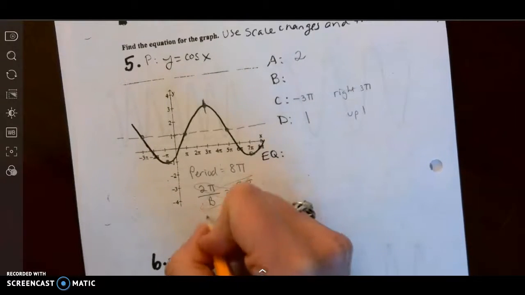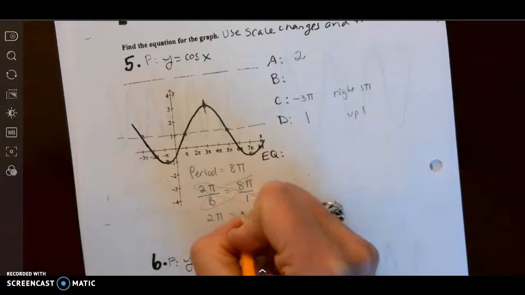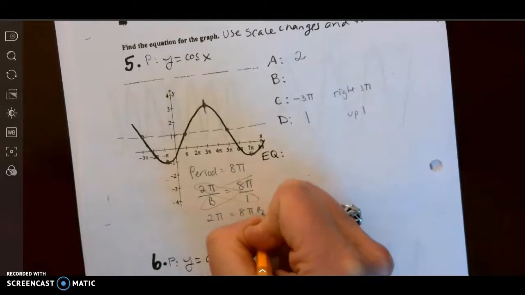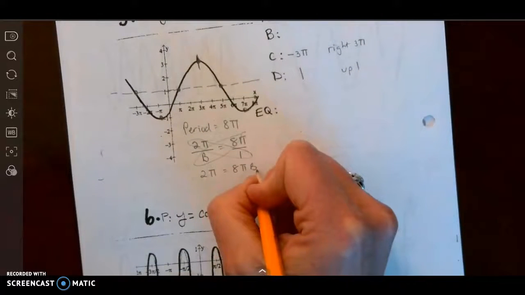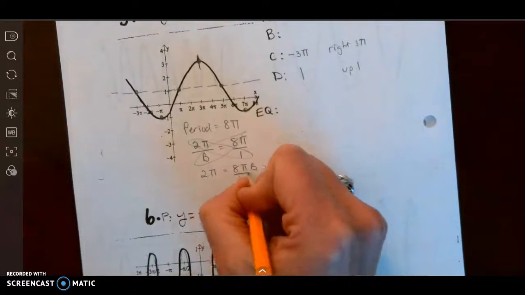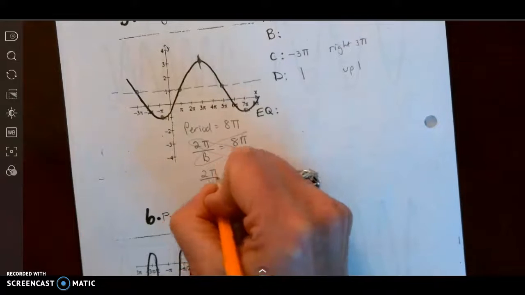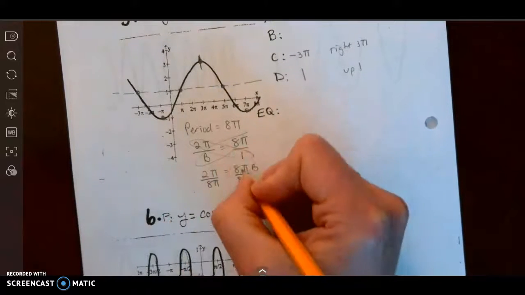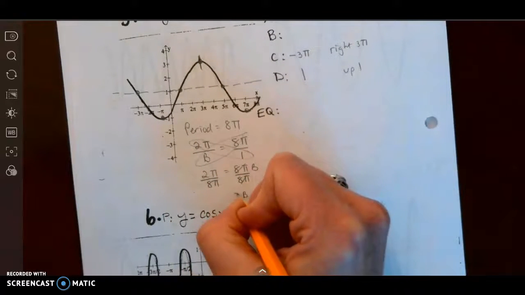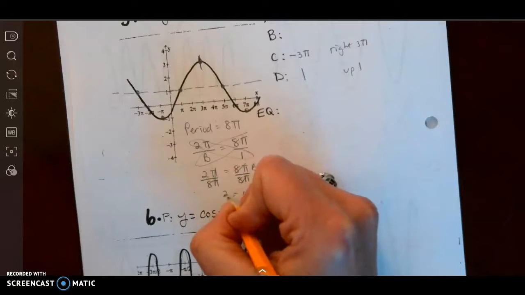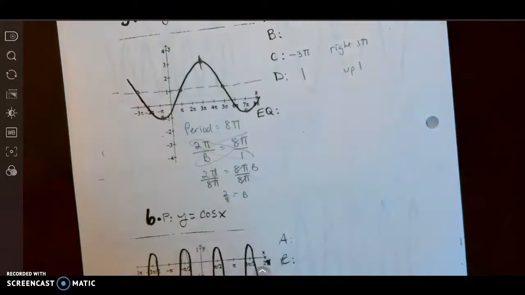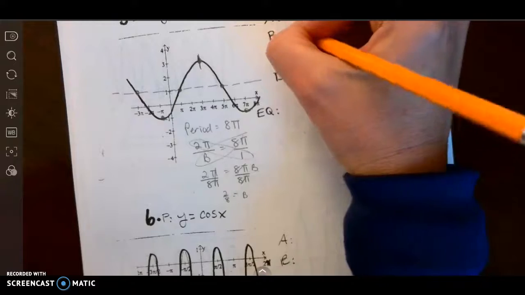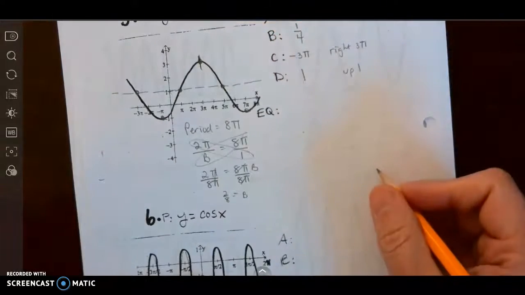Cross multiply. 2 pi equals 8 pi b. Solving for b, so I divide both sides by 8 pi. B equals 2/8, which is 1/4. So the b value is 1/4.